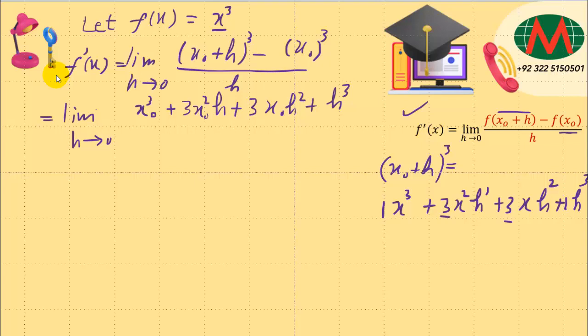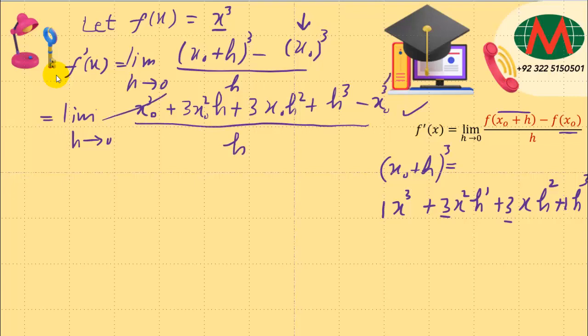The power of h keeps on increasing: here we have h power 0, here h power 1, h squared, and then h cube, and the power of x keeps on decreasing: x cube, x squared, x power 1, then x power 0, which is 1. Then we have this one, minus x0 cube, whole divided by h.